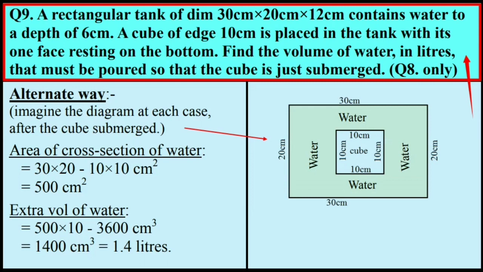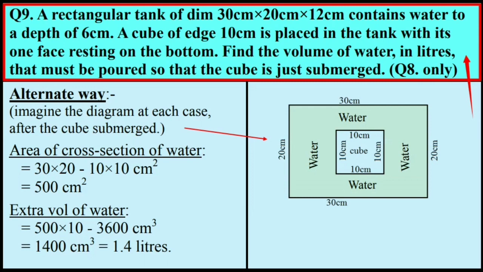Our calculation process starts once the cube is placed in the container. After the cube is placed in the container, the area of cross section of water is as shown in the diagram here. And then extra amount of water is poured in the container just to submerge the cube.